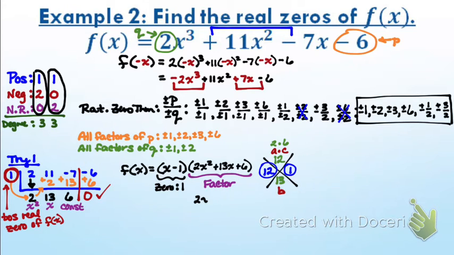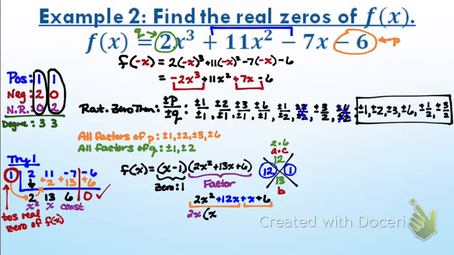So I'm going to do some grouping, or you're welcome to do an area model. So 2x squared plus 12x plus 1x plus 6. Make my 2 groups. I see that I can take a 2x out of both of these.